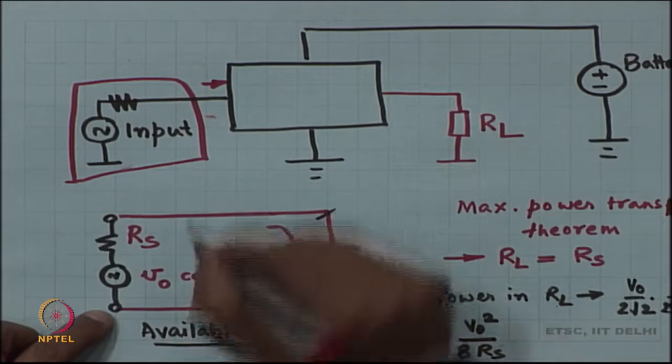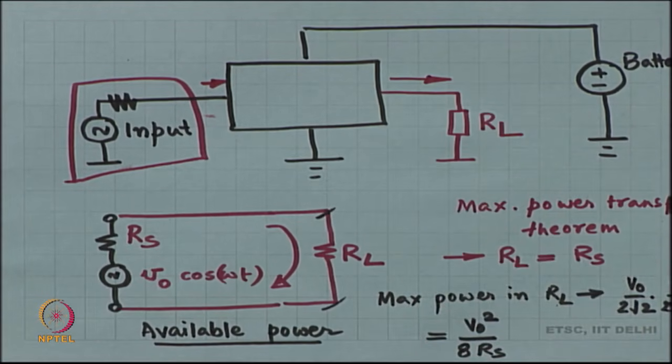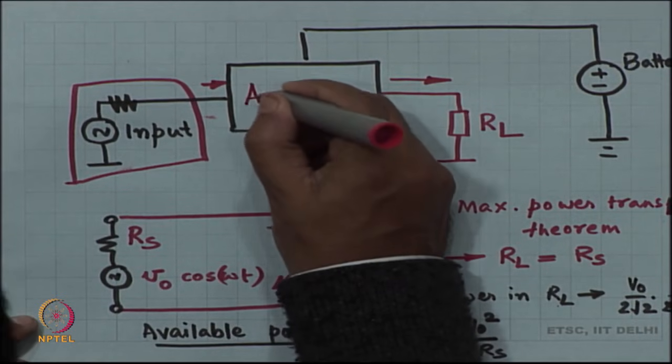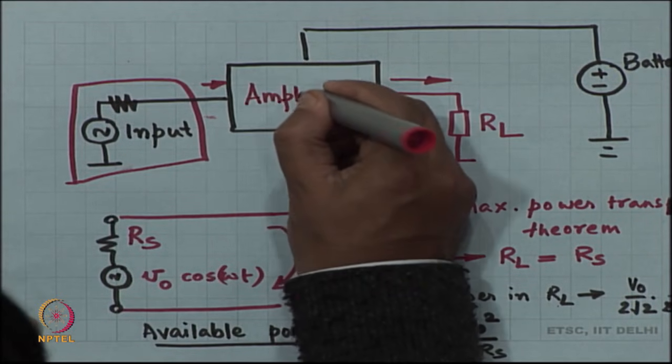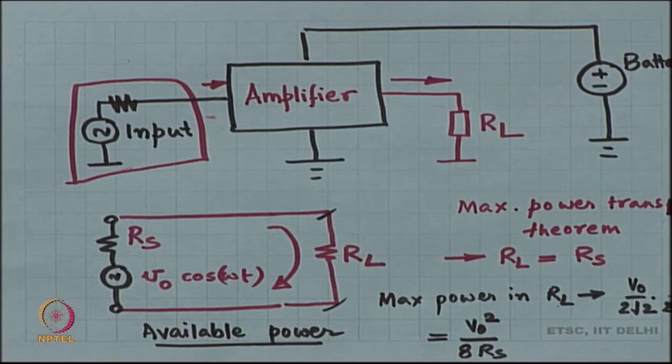But with the help of the battery, can I produce any arbitrary power and drive it onto the load? If I can, then this is called an amplifier. It is amplifying power.